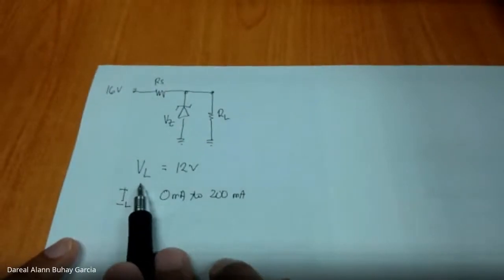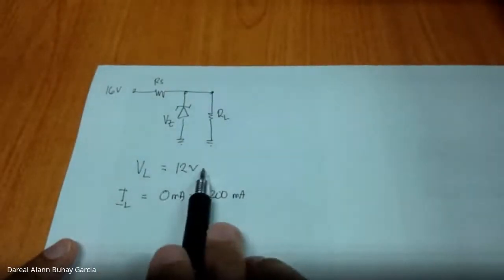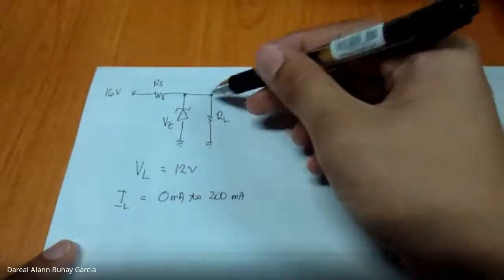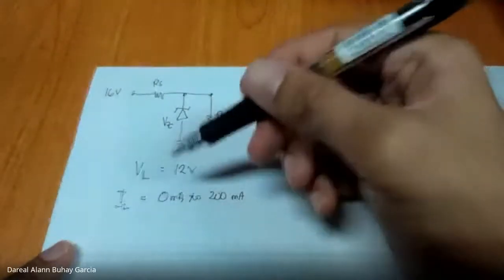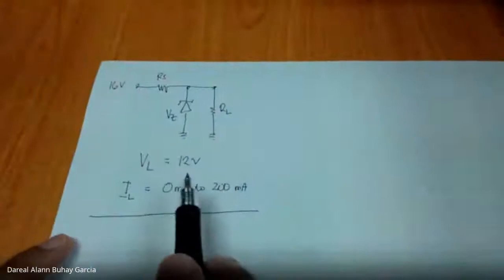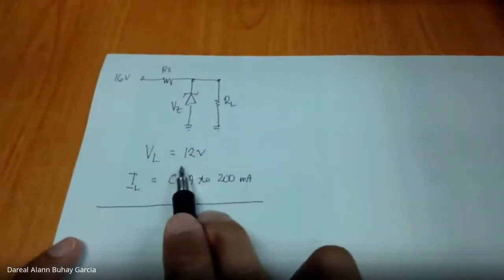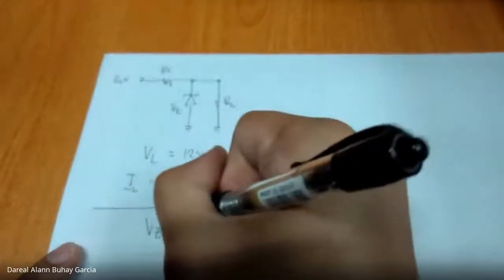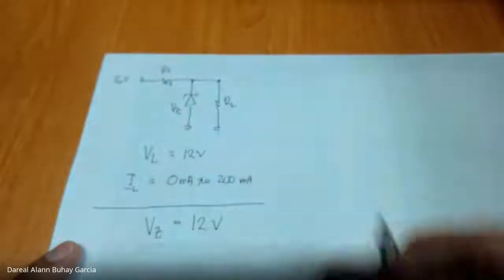Objective is VL should be maintained at 12 volts and the allowable variations atong RL will be from 0 to 200 milliamperes. So if need nga i-maintain 12 volts, of course, that will be the value for our VZ. VZ is equal to 12 volts.